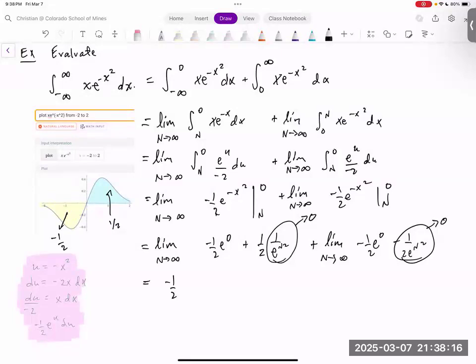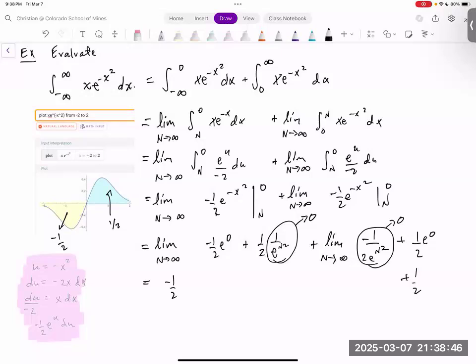And oh, you know what? I evaluated in the wrong order. That's right. Okay. So let me erase those things. So negative 1 over 2e to the n squared plus 1/2 e to the 0. All right, this term goes to 0. The last term is going to be plus a half.